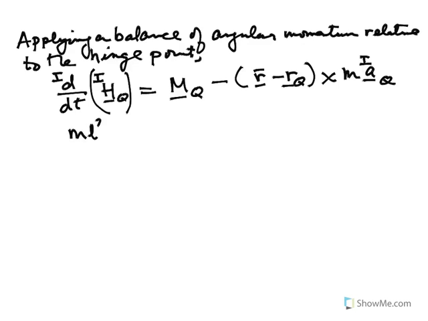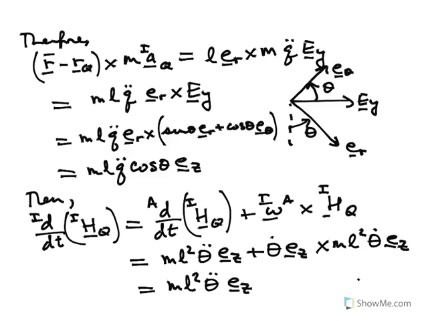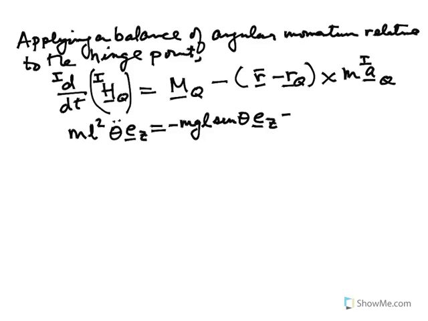Here we've got ML² θ double dot E_z. This is equal to minus MGL times the sine of θ E_z. And then this last term, there's a negative sign, minus ML Q double dot cosine θ times E_z.